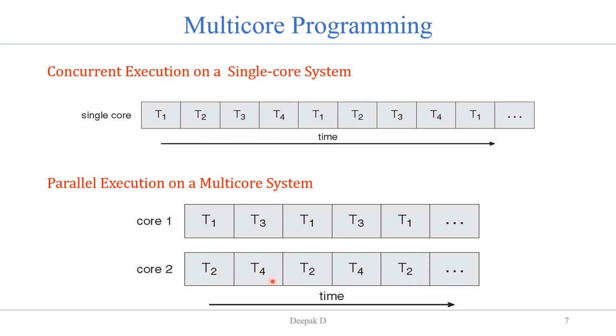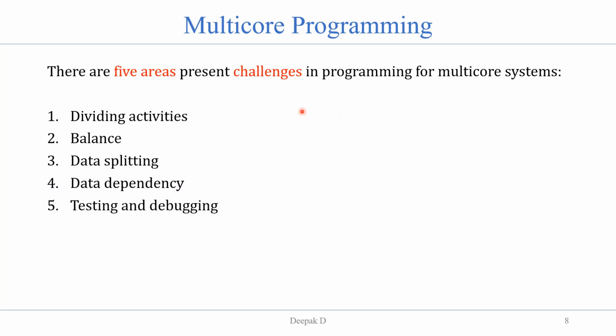I hope you have understood clearly what we mean by single core and multi-core with respect to multi-threaded programming. You have seen a system with a single core and a system with multiple cores. In the single core, concurrency means that threads are interleaved over time.